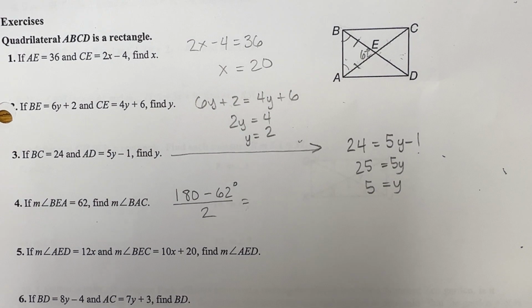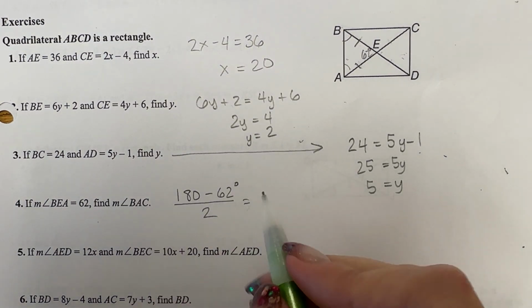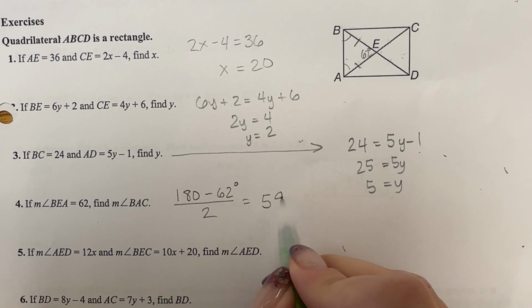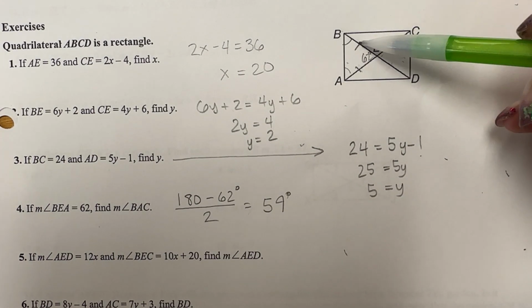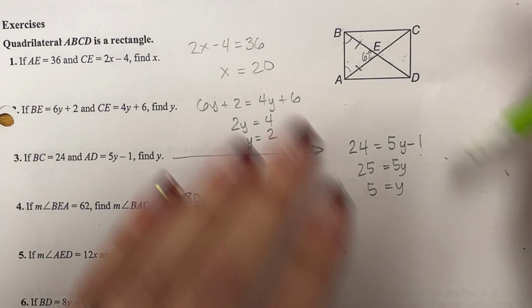And that's going to tell me either of those 2 angles because they're going to be the same. So 180 minus 62, divide by 2, 59 degrees for each of those angles. Again, I know it's an isosceles triangle because all of those little segments are equal to each other.